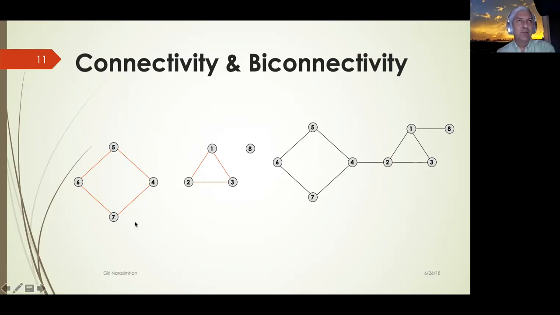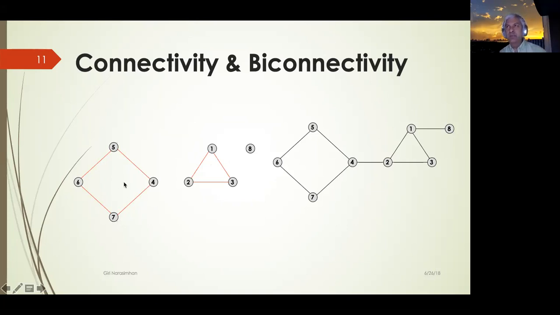In the graph on the left, it doesn't matter where you start. If you start somewhere here, you'll finish with depth first search, or at least one round of it, and visit only one connected component. So you would never get to vertex 1 or vertex 8 if you start depth first search somewhere here. Same thing if you start somewhere here, you're never going to get to one of these vertices.